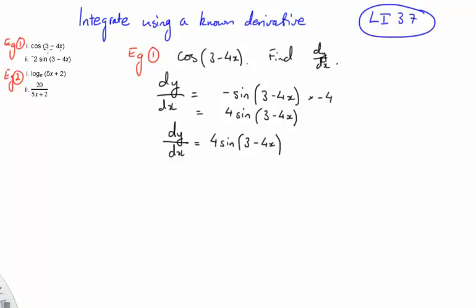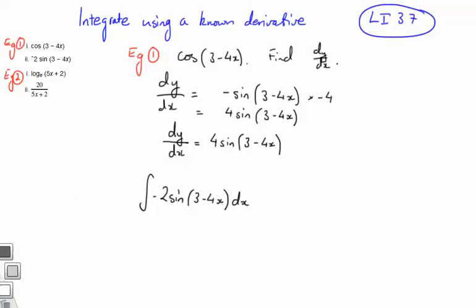So the whole aim of this exercise is to find the integral of negative 2 sin(3 - 4x). But you'll notice, hang on, I can't do that with any of my known strategies. You'll think, what? How am I meant to do that? How can I integrate that? I don't know how to do that.